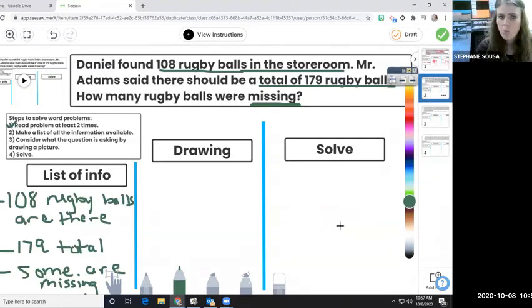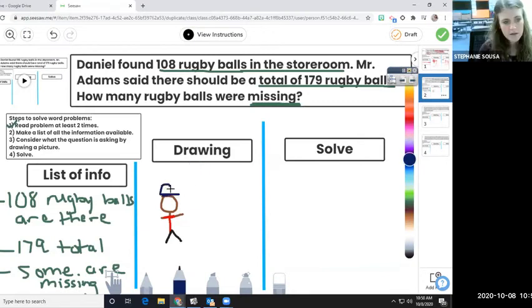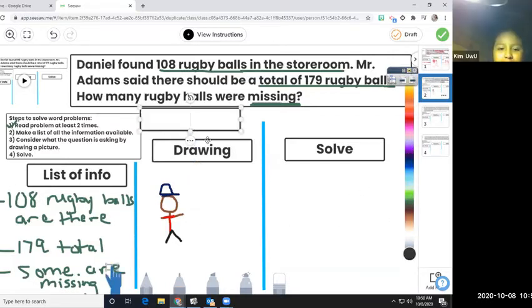Where did they go? Why aren't they here? So that's the drawing I'm going to make. I'm going to draw a coach in his red shirt, black pants, and blue hat, and he's going to be saying, where are the other rugby balls?